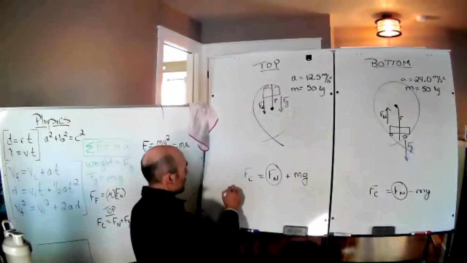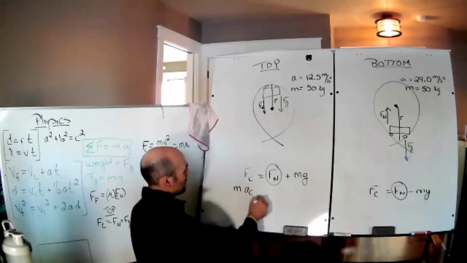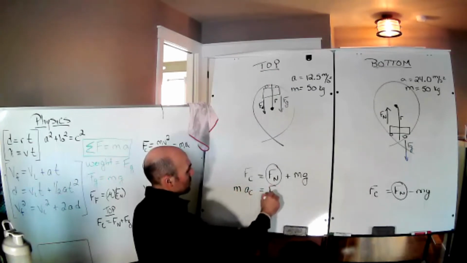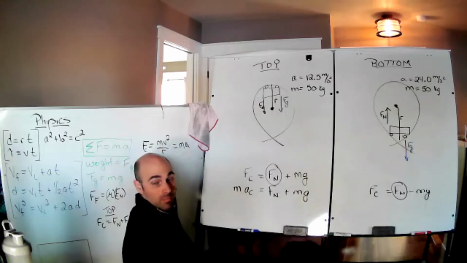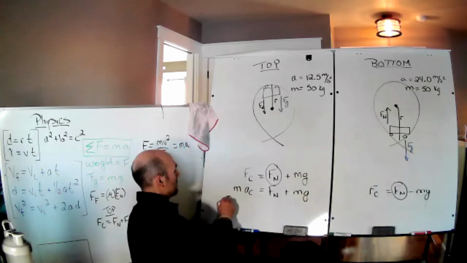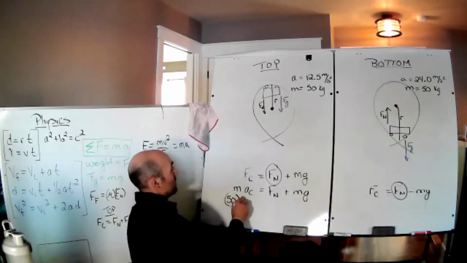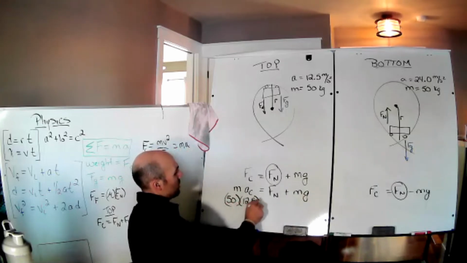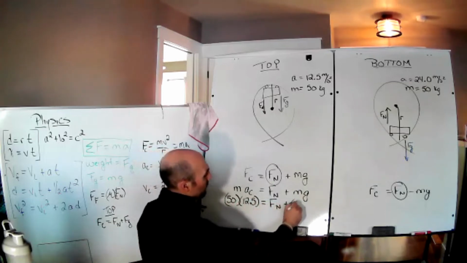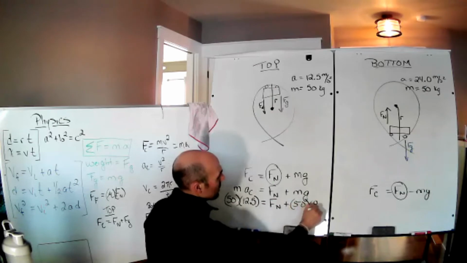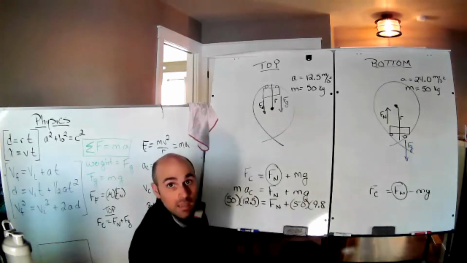So it's really just the mass times the centripetal acceleration equals the normal force plus the mass times gravity. And then all we have to do is plug it in. 50 times 12.5 equals the normal force plus 50 times 9.8.